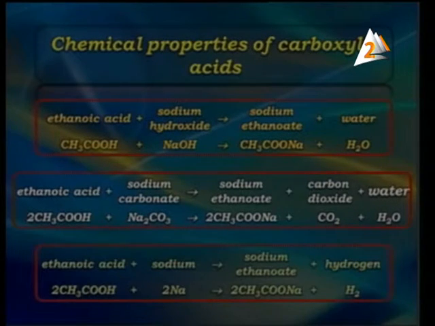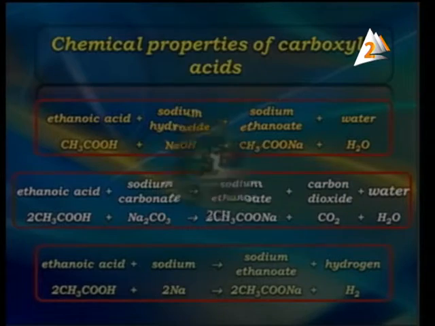After that, we have ethanoic acid reacting with metallic sodium. Sodium ethanoate is produced also, but here hydrogen is produced. Why? Because sodium replaces hydrogen, since it is more active than hydrogen in the electrochemical or chemical activity series. It is easy to know this information.